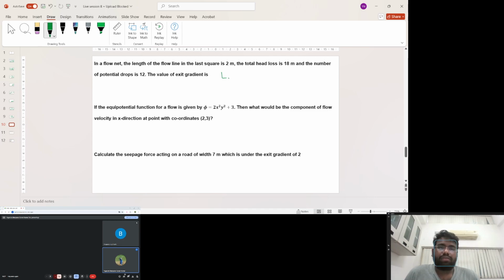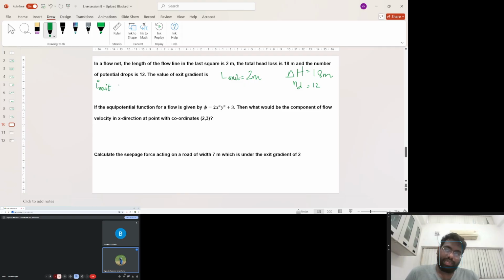L exit is 2 meters and the total head loss is 18 meters and the number of potential drops Nd is 12. They are asking us to compute I exit.